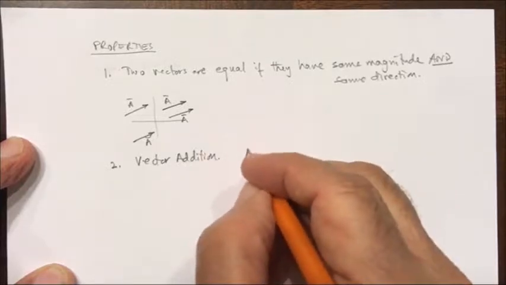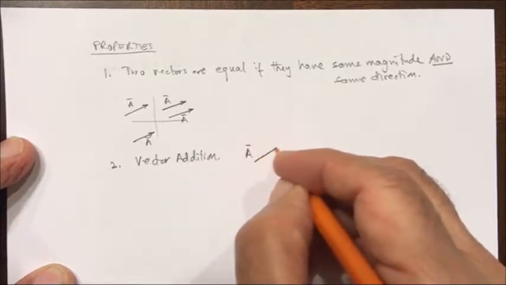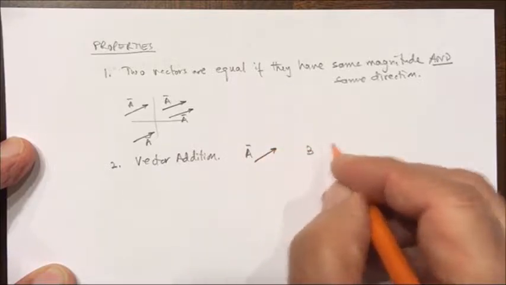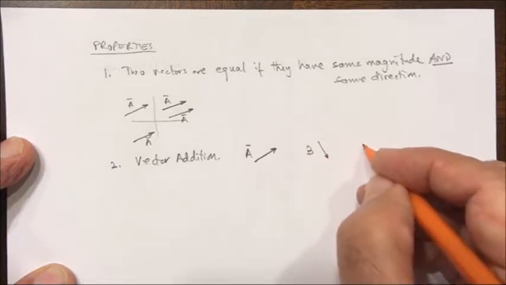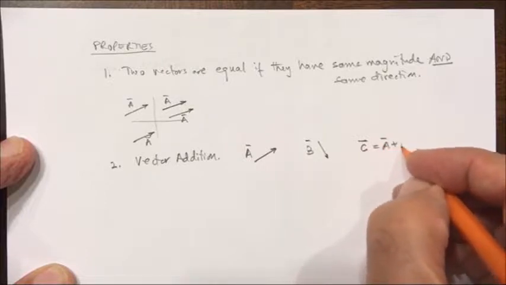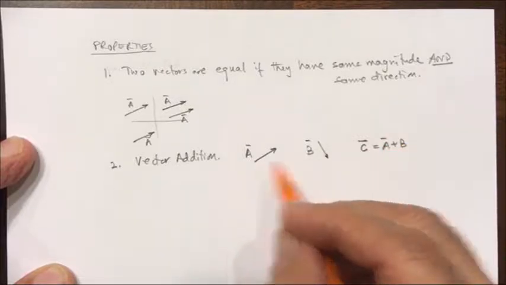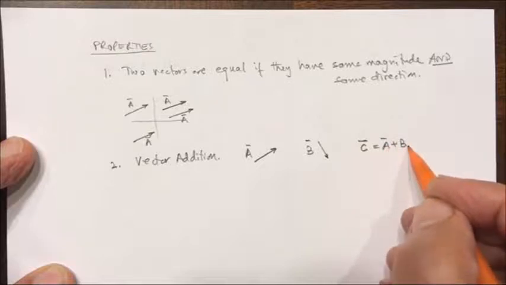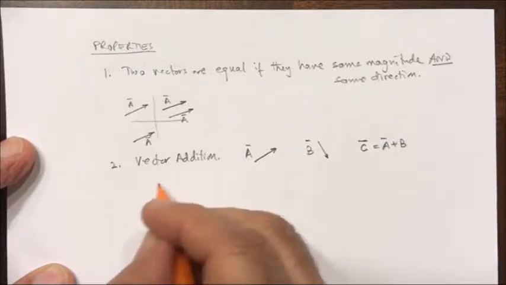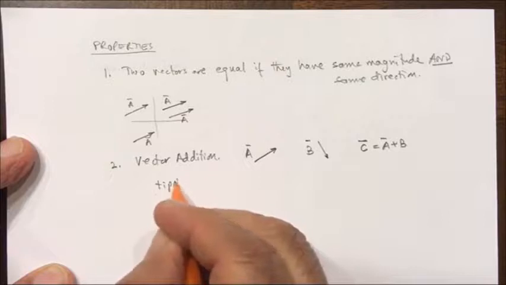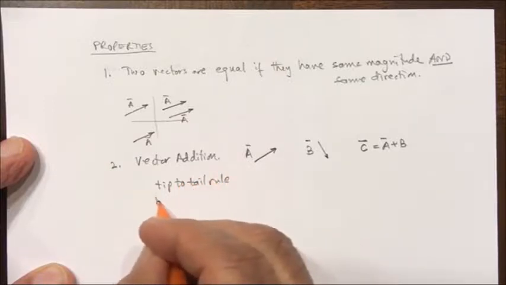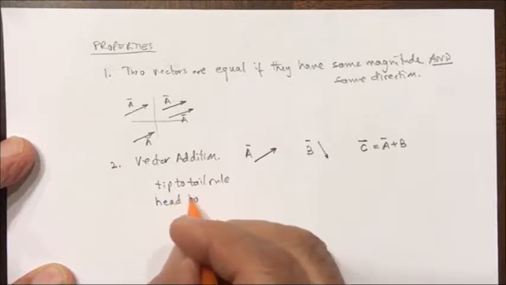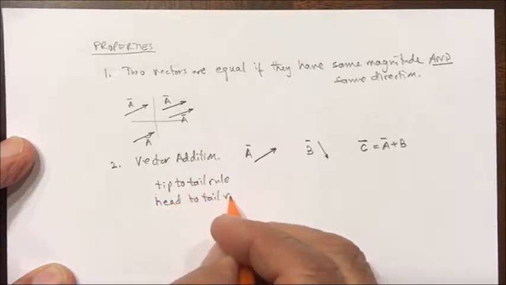So if we have a vector A that is like this, and a vector B that is, for example, like this, and we want to find the vector C, which is A plus B, then graphically we will first draw the vector A and then draw the vector B according to what we call the tip to tail rule, also called the head to tail rule.